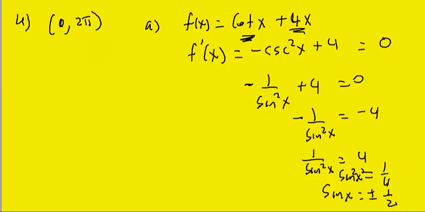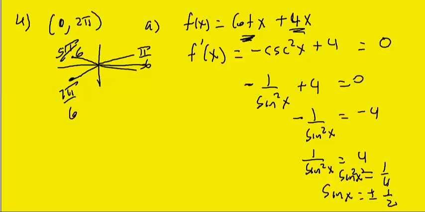Where on the unit circle is sine equal to 1/2? Pi sixth, 5 pi sixth. Where on the unit circle is sine equal to negative 1/2? You got it. Those are your 4 solutions.